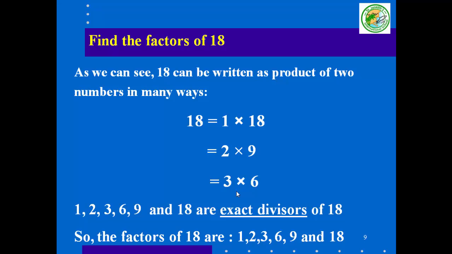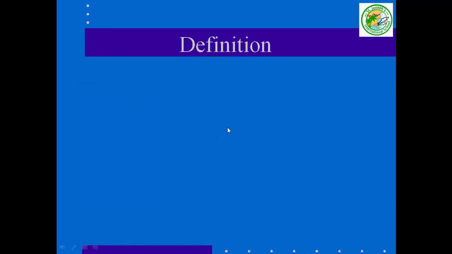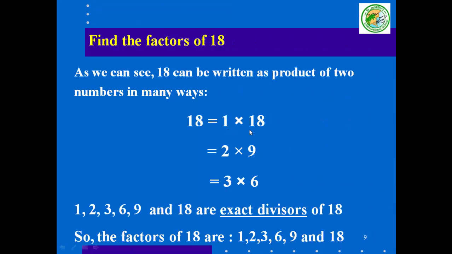For example, find the factors of 18. We will write 18, starting from table 1. 1 times 18, and then 2 times 9, and then 3 times 6. Okay, what about table 4? No. There is no number multiplied by 4 that gives 18. Table 5, no also.